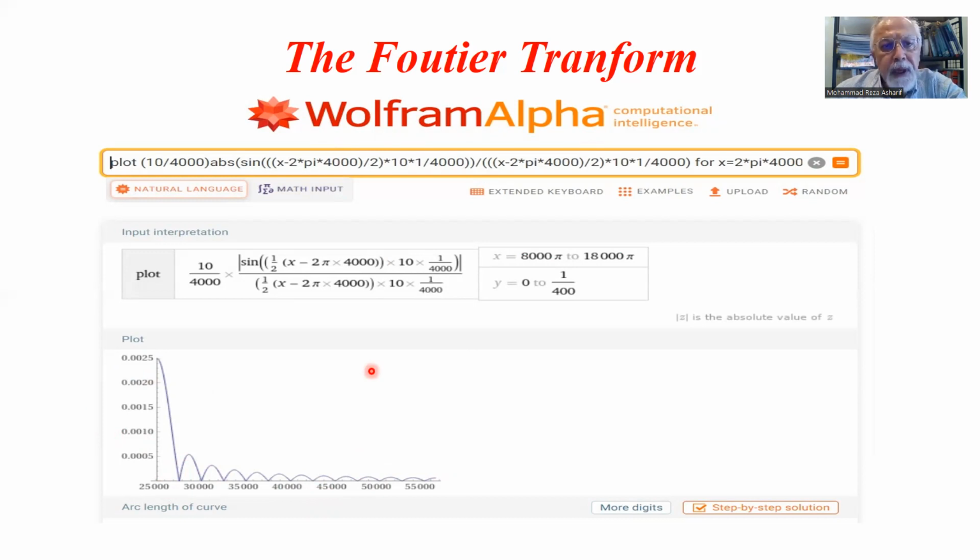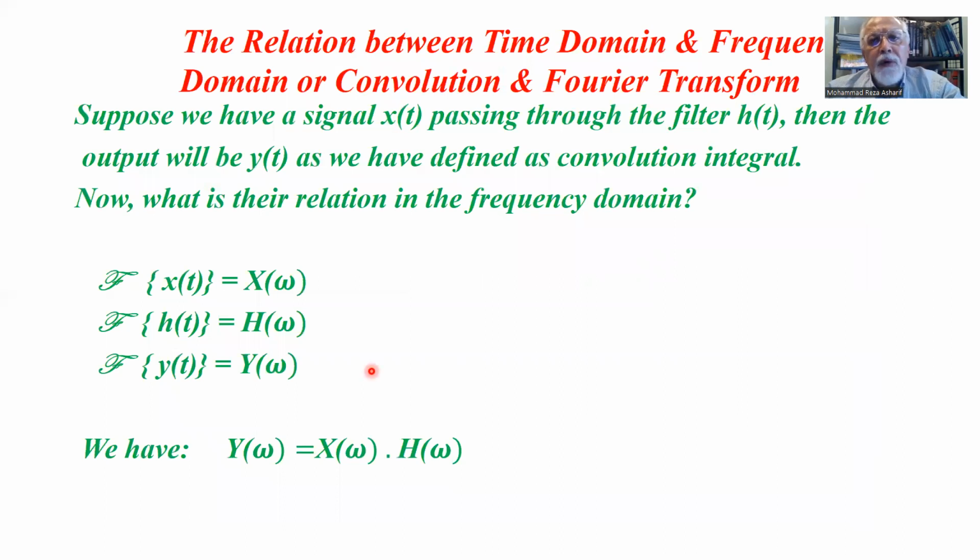Okay, next slide. Now we would like to show the relation between the time domain and frequency domain, or convolution and Fourier transform. Suppose we have a signal x(t) passing through the filter h(t) again.